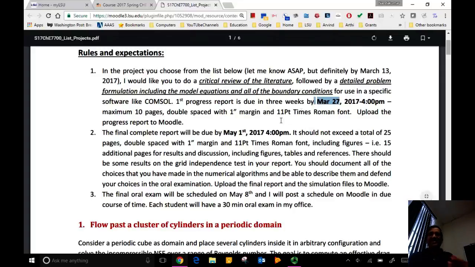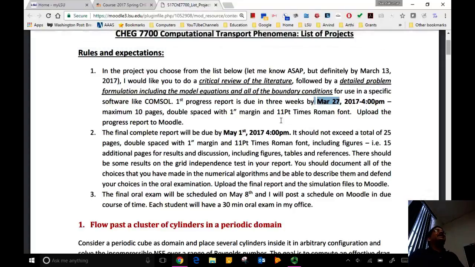Then the next month, from May 28th onwards, you can start working before also if you want. But I would like you to focus the later part of the project period on implementing it in some software, whether it is COMSOL or Star CCM or your own software in the project that you have proposed. The final report should be a maximum of 25 pages.